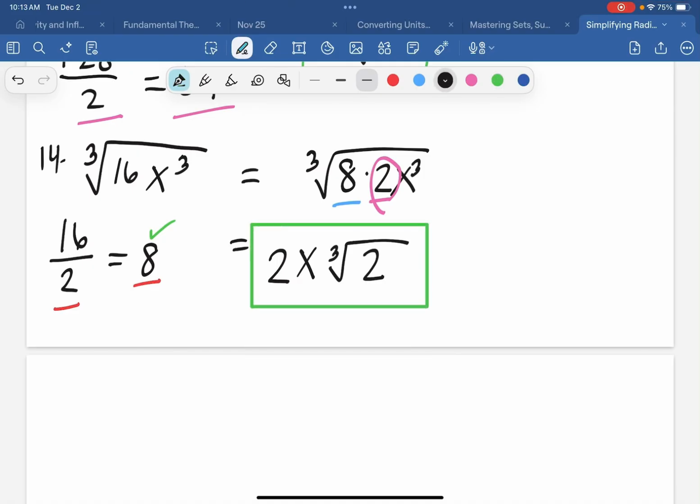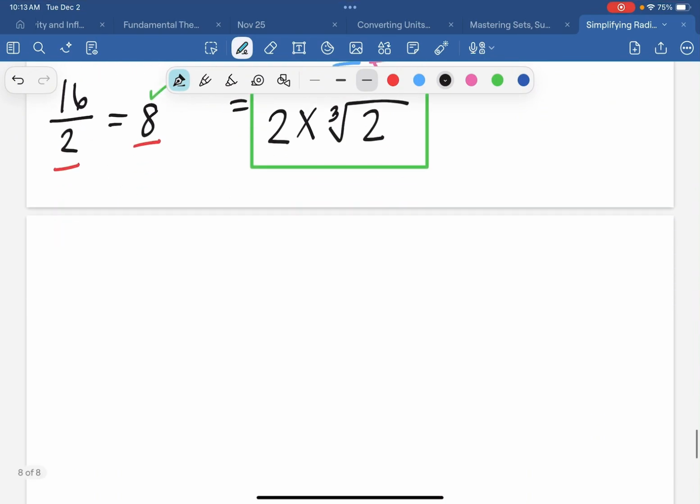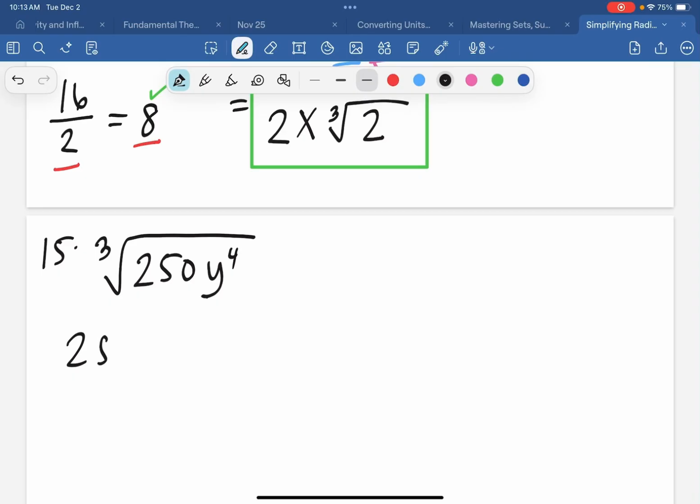Let's have a last example. Let's have number 15. Cube root of 250 y raised to 4. Now, let's try 250 divided by 2. So 250 divided by 2 is 125. So 125 is a perfect cube.